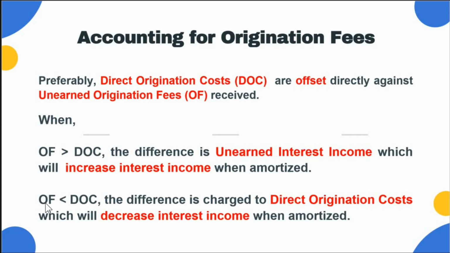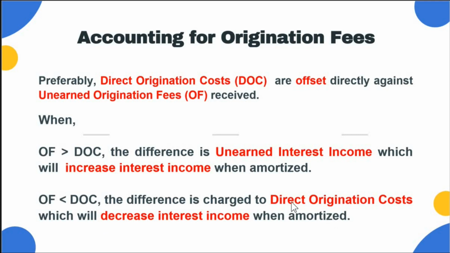Tapos, kung baliktad naman, if the origination fees is less than the direct origination cost, then the difference is charged sa direct origination cost. So, mas malaki yung parang expense natin kumpara sa nakolekta natin galing sa client. This direct origination cost, again, is a deferred amount, and it will decrease the interest income when they are amortized.